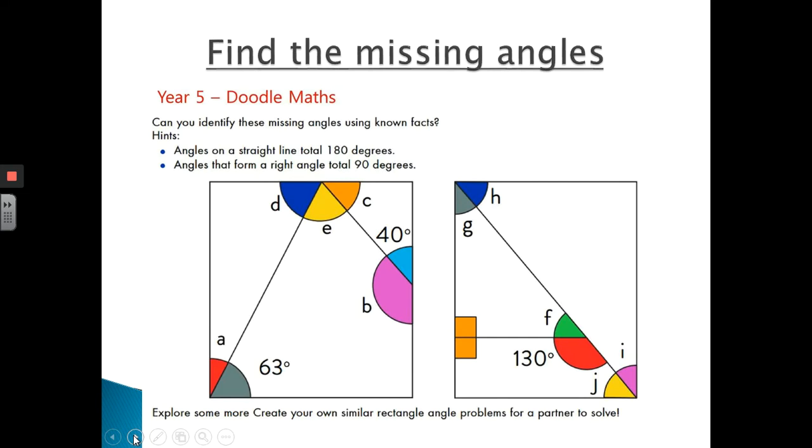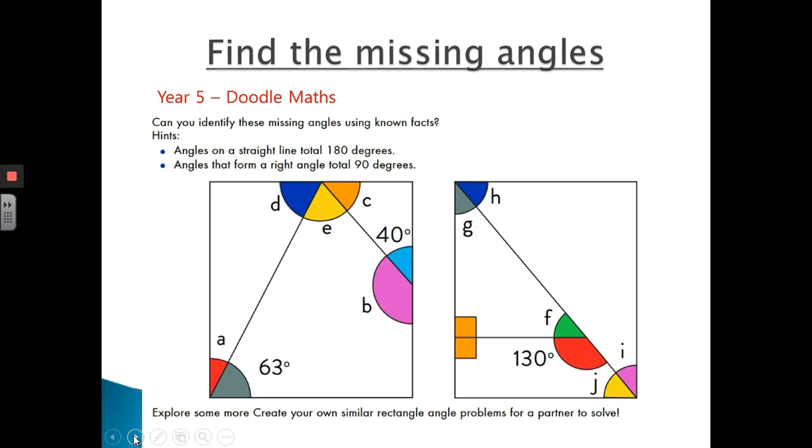And missing angles. So here is an activity, a Year 5 extension activity. Can you identify the missing angles using known facts? Angles on a straight line using 180 degrees, and angles that form a right angle, total 90 degrees. So A is quite a nice subtraction one. 90 minus 63.